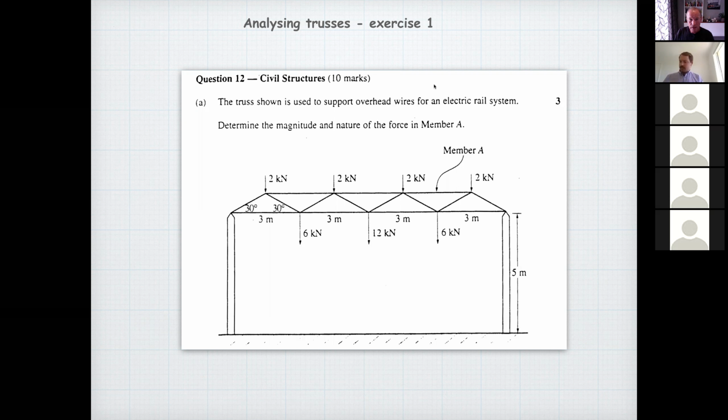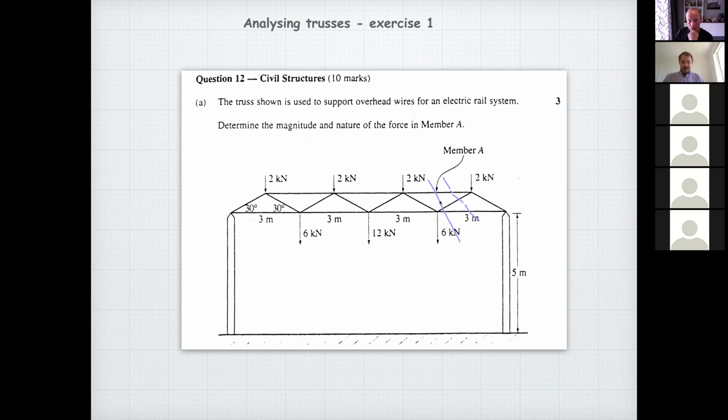Now, I'll just see if this works. I'll just try and annotate here. Yeah, so we're going to put a section there. Tell your students not to just do that. Make it a section, and not a chain line.